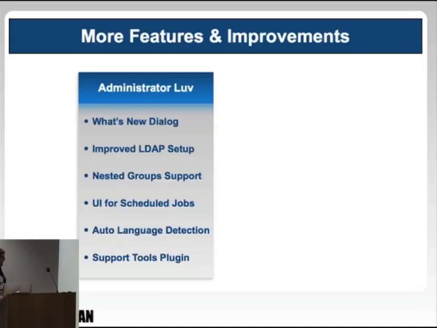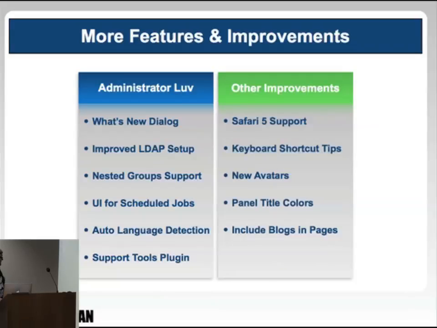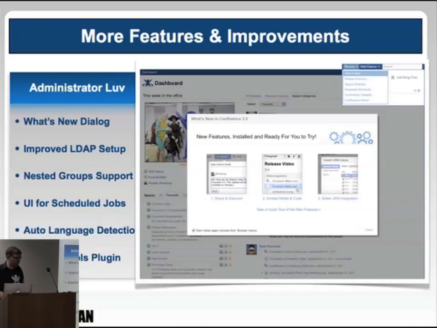So there's a lot of help for Confluence administrators. We also have a few other features that we'll talk about briefly. So first of all, whenever you load a new version of Confluence from now on, you'll have a what's new dialog, which helps get your users used to the new features. If there are changes in the look and feel, it helps ease them into it.